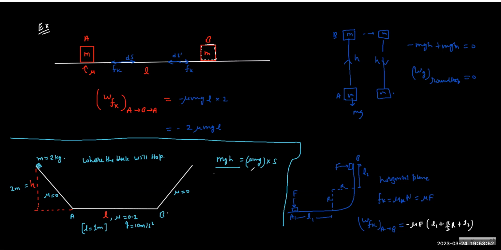So it turns out to be h by mu, that's it. And h by mu is 2 by 0.2, which is 10, right? Because it is 10 meters and the length of the base is only 1 meter, to consume all energy you have to travel a lot and eventually you will settle down at A itself, isn't it?